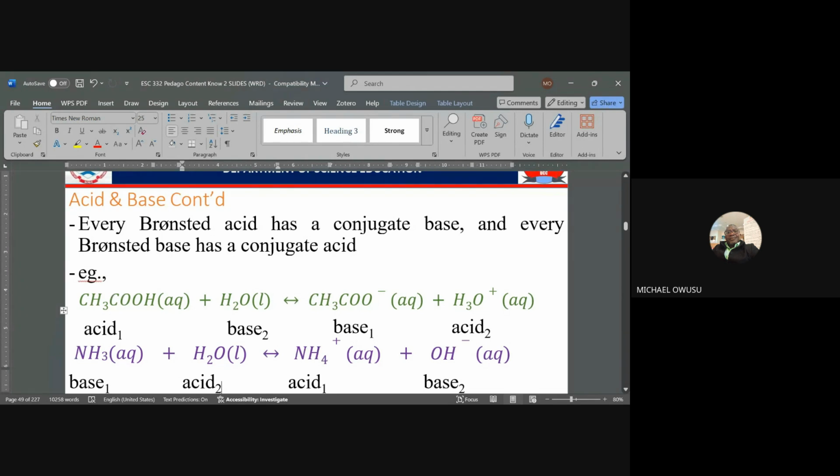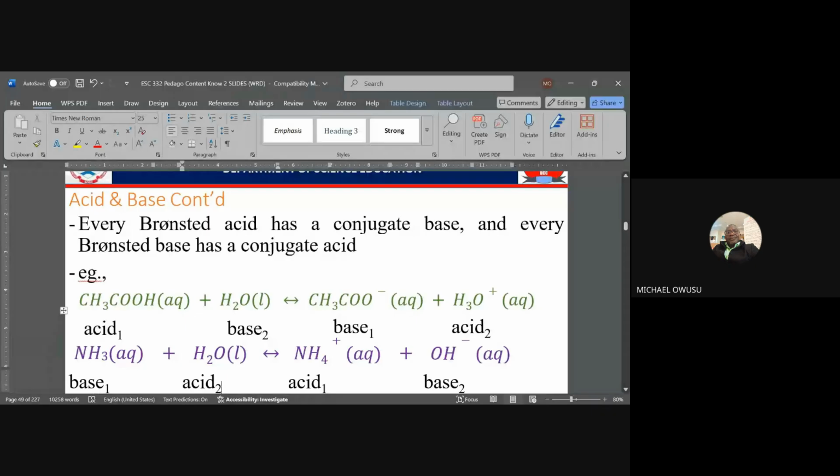Then the water that is there has also taken up a hydrogen to become H3O plus. So the first one being the acid 1, the acid 1 has yielded the base 1, and the base 2 has yielded acid 2.